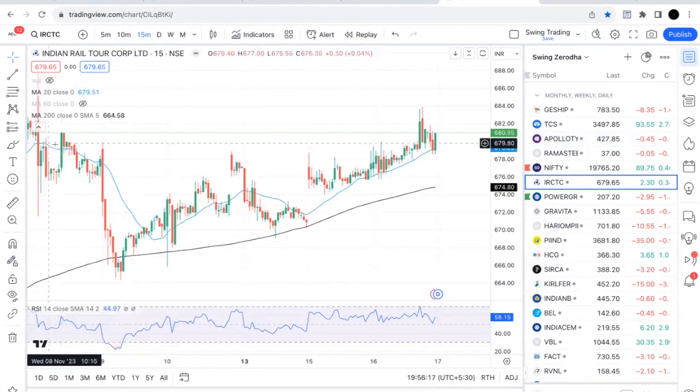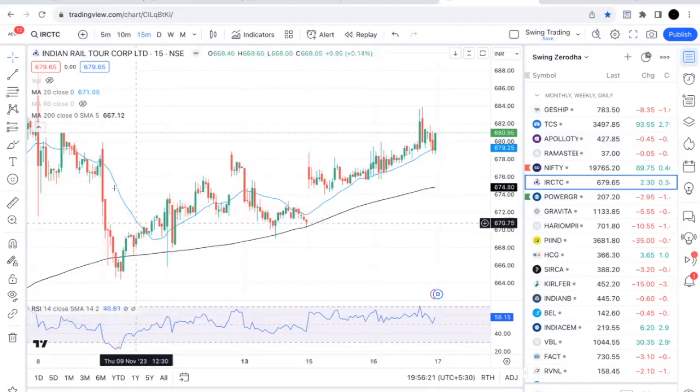But the problem here is that the 20 was already moving down. Look at that. And so the trajectory is down. So yes, the price and the 20 come close together again, but just because the 20 moves down, not because the price goes up very high.